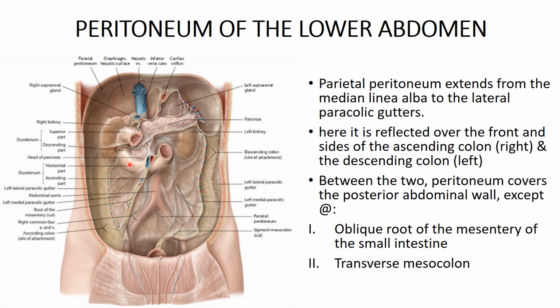So these are covered at the posterior abdominal wall by the parietal peritoneum. Other than these, two portions remain: one is the oblique root of the mesentery and the second is the transverse mesocolon.